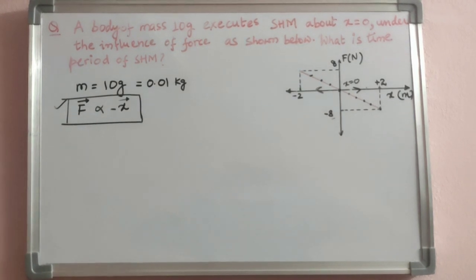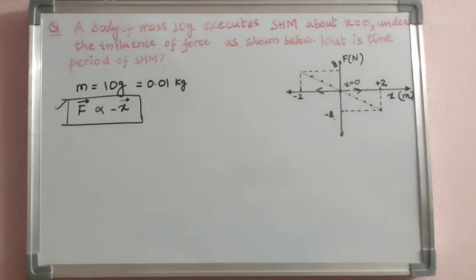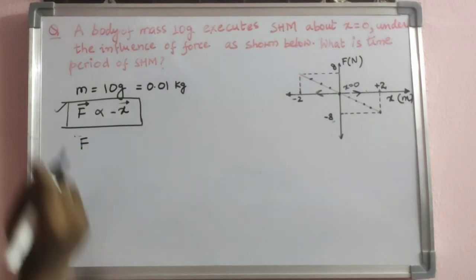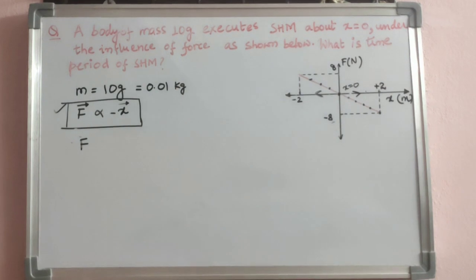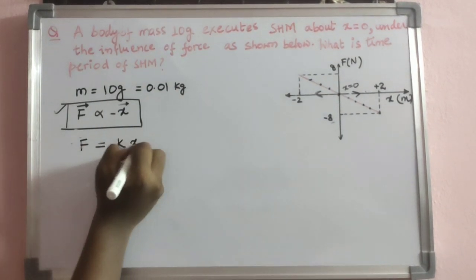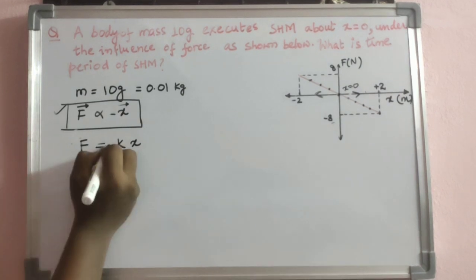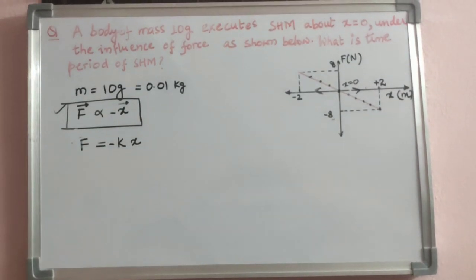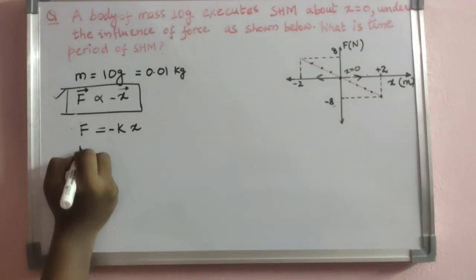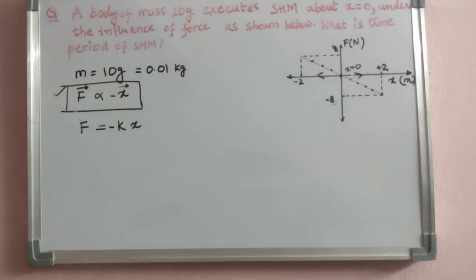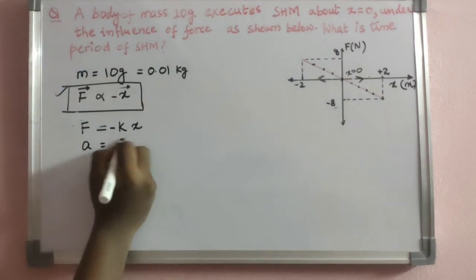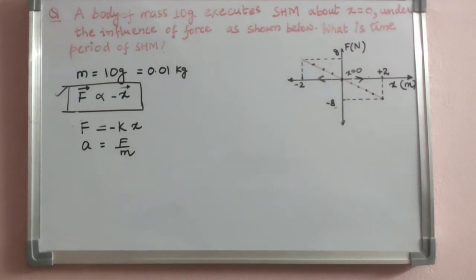The next important thing is, taking only magnitudes, if I equate both sides, I can write F is equal to minus kx. Now, what is the value of acceleration? A is equal to force by mass.